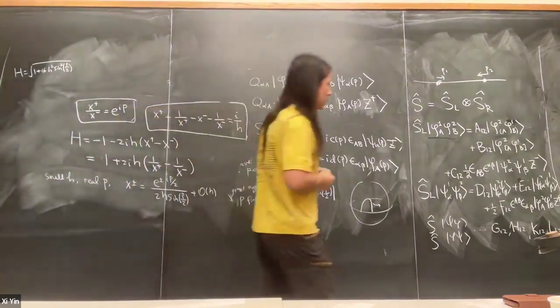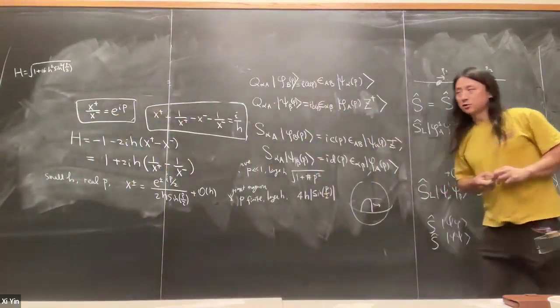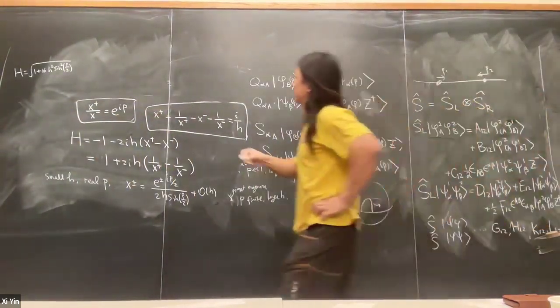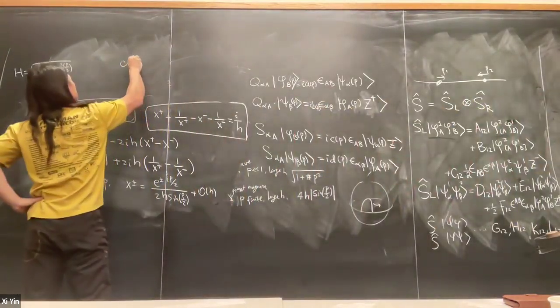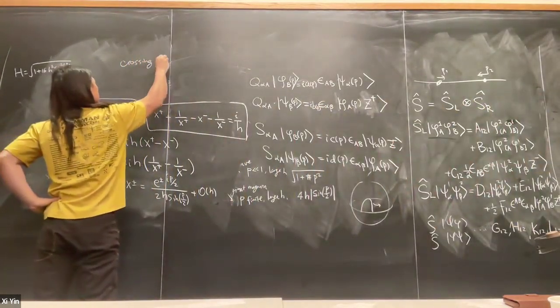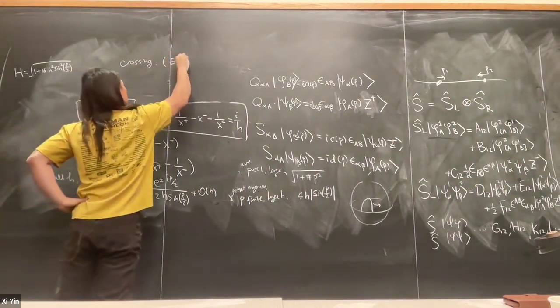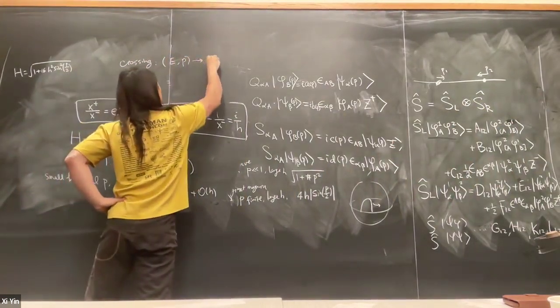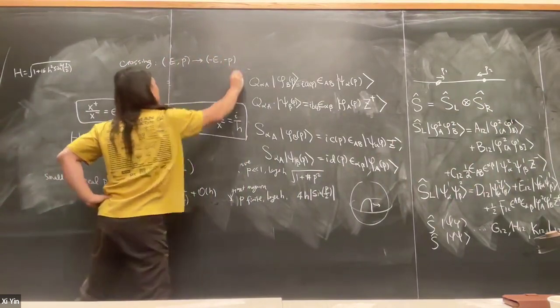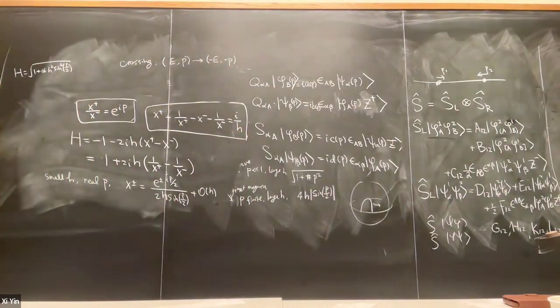Now that's going to be important for crossing symmetry, because crossing requires a configuration where you send E and p to minus E and minus p by analytic continuation.